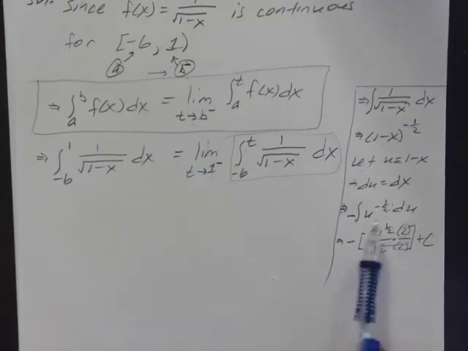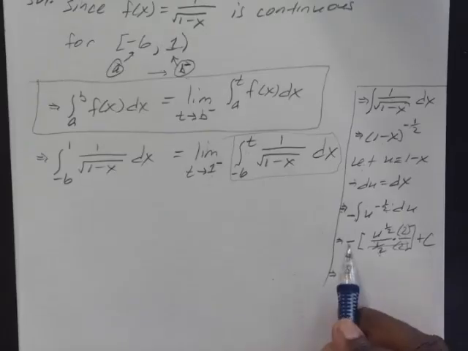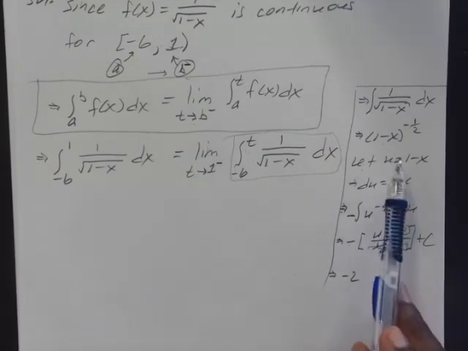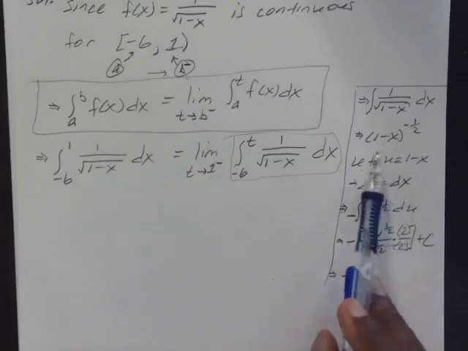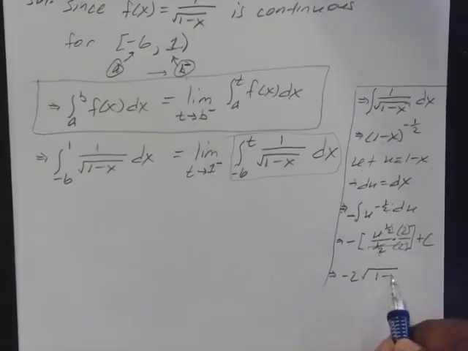And that 2, we can go ahead and factor that out to the front. So that -1 times 2 gives us -2, times u to the 1/2 power. Well, we can go ahead and just replace that u with 1 minus x. So that's 1 minus x to the 1/2 power, or just square root of 1 minus x.